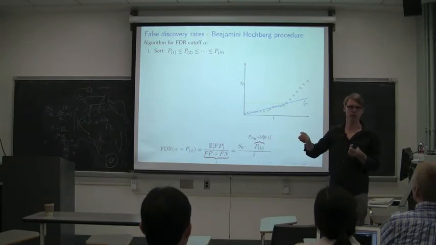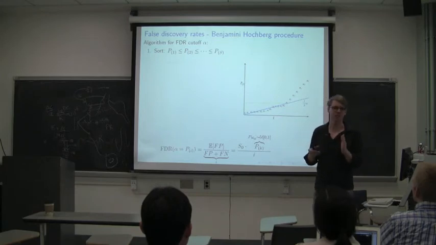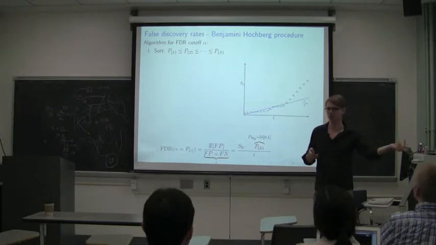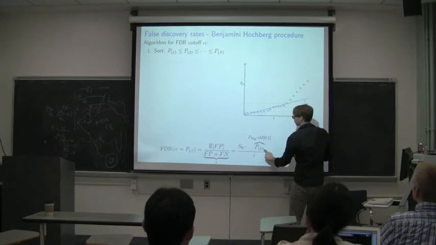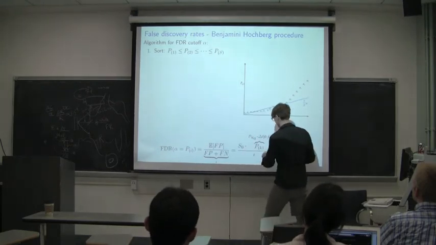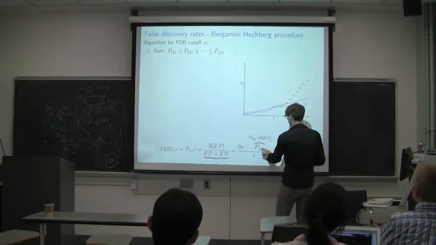Because they're uniform. So at a given cutoff, the expected number of p-values smaller than that is just the total number times the p-value, because it's uniform. So it's S times the p-value at this i.